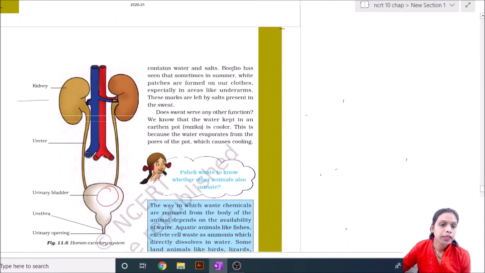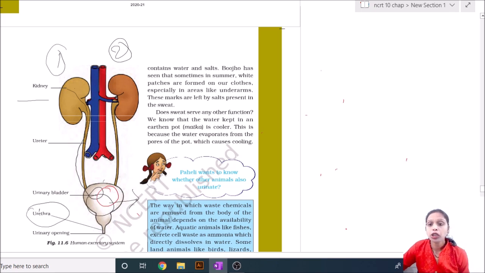In humans there are two kidneys, and whenever the blood goes through the kidney, the blood capillaries absorb the pure blood, and the waste materials go through the urinary tube into the urinary bladder, where urea is contained, and it comes out through the urethra. The waste material is called urine.